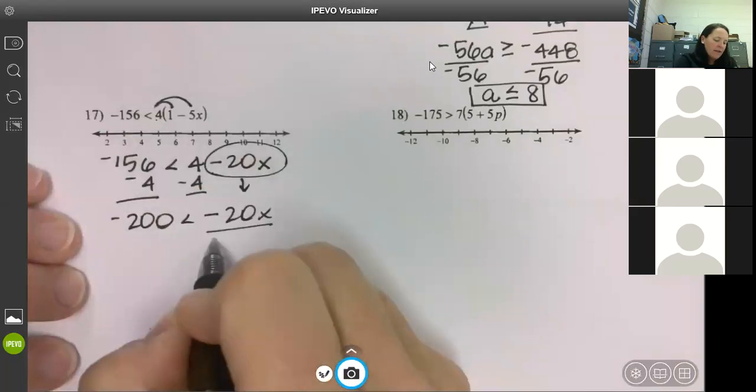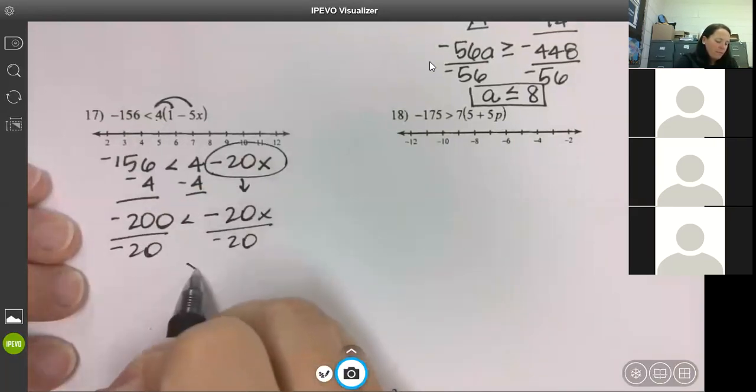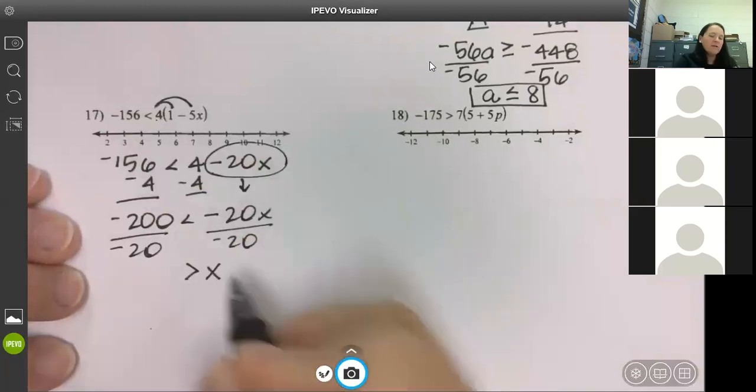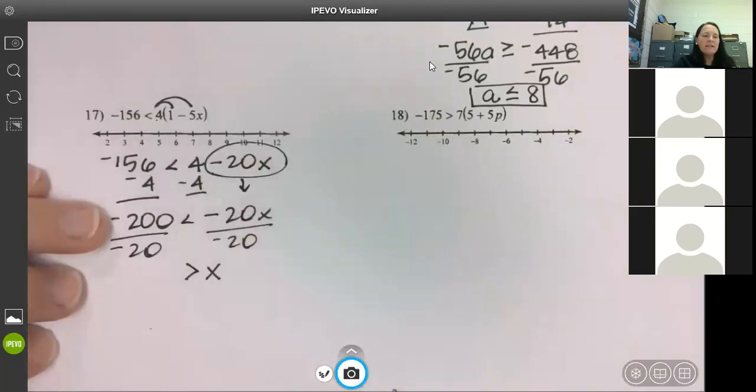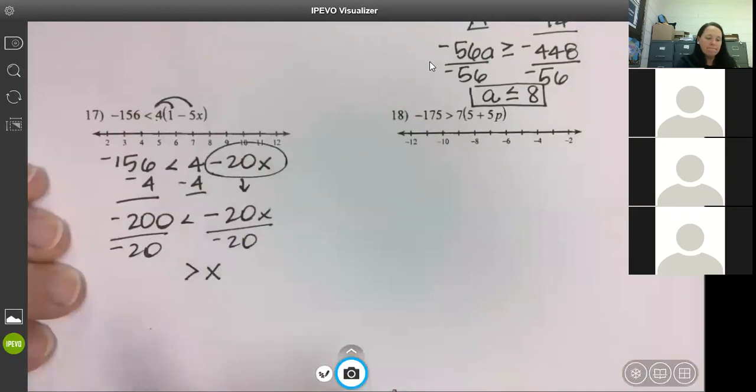We're going to divide by negative 20. What happens when I divide by a negative? Sign flips. So we get x on this side, a greater than symbol. What is negative 200 divided by negative 20? 40. Try again.